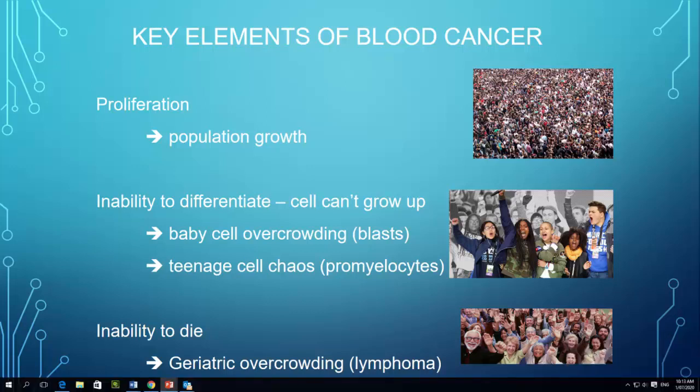It's kind of like being stuck as a teenager for the rest of your life. So you either get baby cell overcrowding, which are the blasts, or you get teenage cell chaos, so in promyelocytes. Instead of the cells progressing through that stage of differentiation, they get stuck at a particular age. Or the other type of cancer results as the cells have an inability to die, so geriatric overcrowding, in the case, for example, of lymphoma.